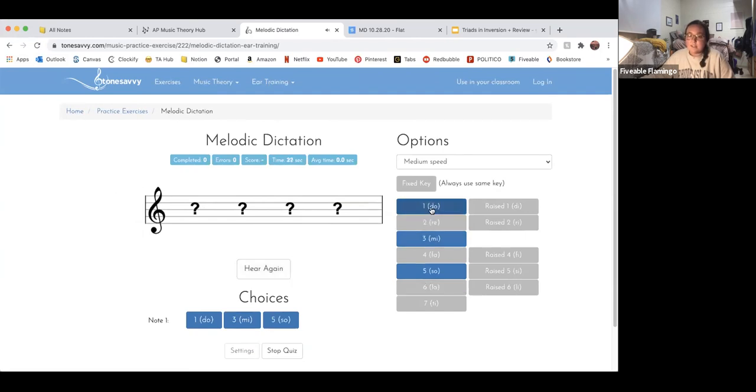So see how it has checked off here, 1, 3, and 5. It gave you those 3 chords at first, and then had you do the melodic dictation. So this is so helpful, especially once you start getting into even adding these.